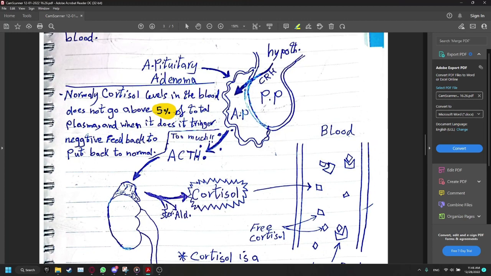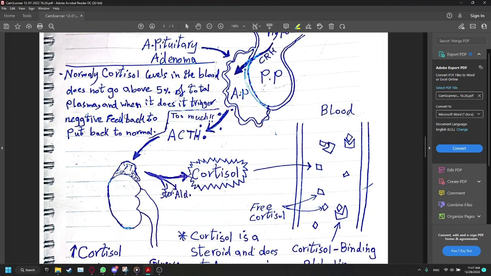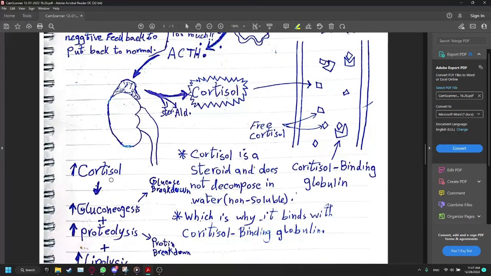When it goes above 5%, it triggers a negative feedback telling the hypothalamus to stop producing CRH, which drives ACTH, which drives cortisol in the adrenal gland. You get the idea, you get the story.